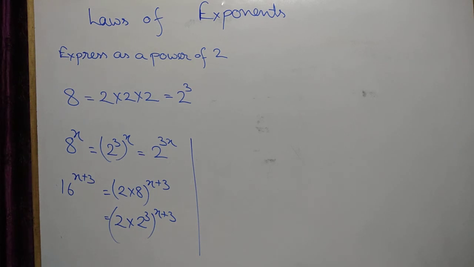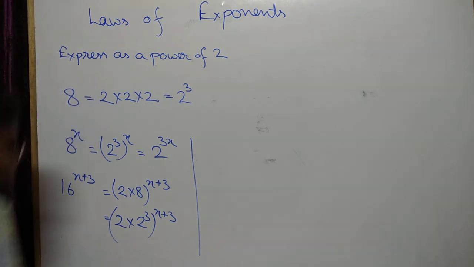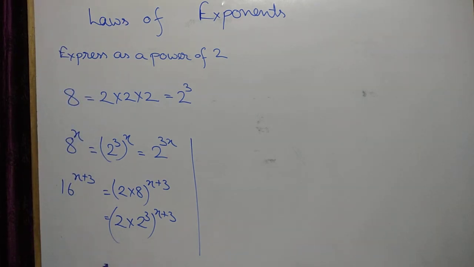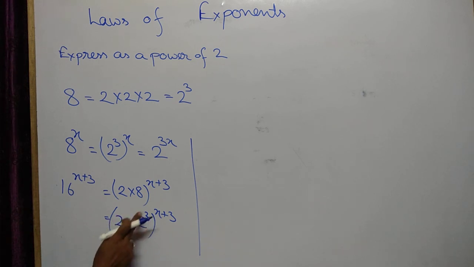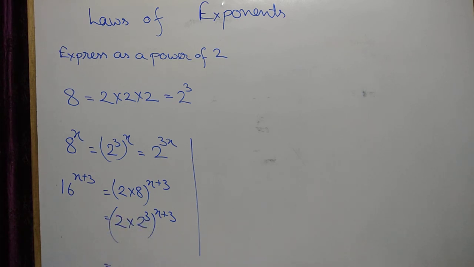Hope you are able to see. Here base is the same, power is different. Here power is 1 and here power is 3. So we can write 2 to the power 4 into x plus 3, or 2 to the power 4x plus 12. 4 into x is 4x, plus 4 into 3 is 12. So this is the solution.